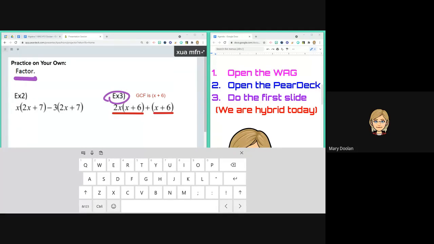So just like we were factoring on Monday and Tuesday, once you figure out what the GCF is, then you're going to divide the GCF out from each term.